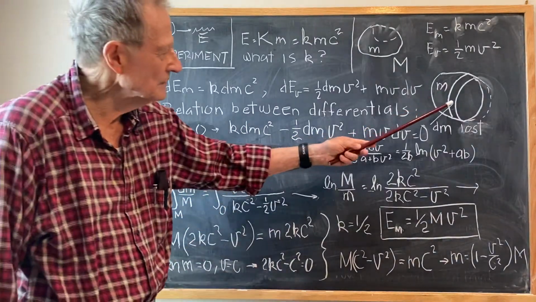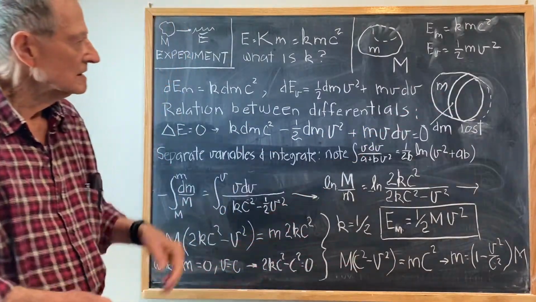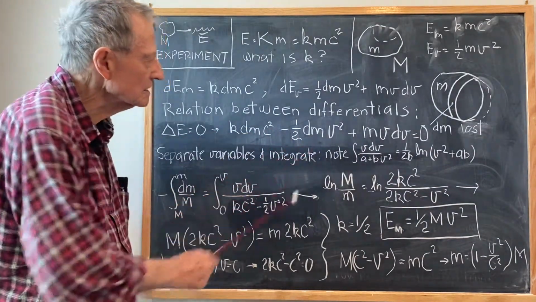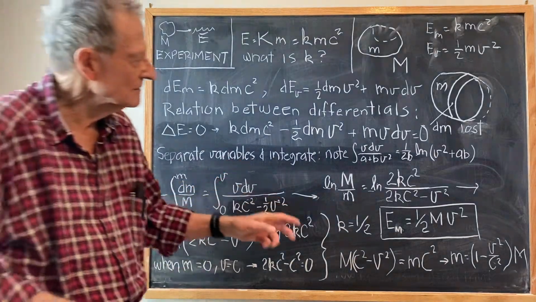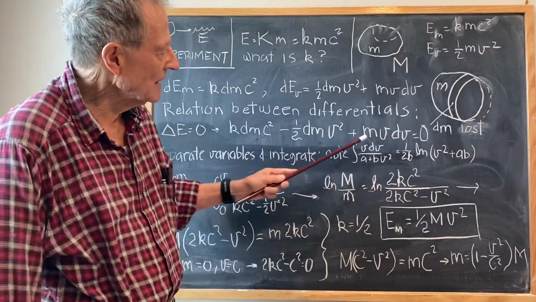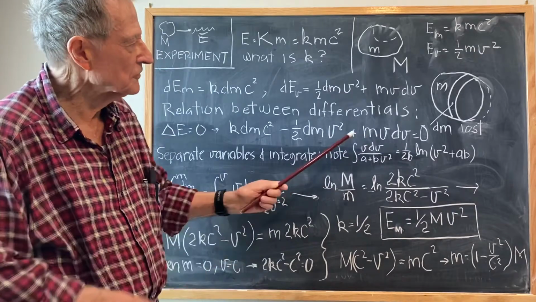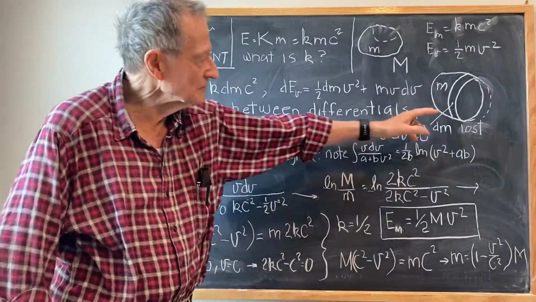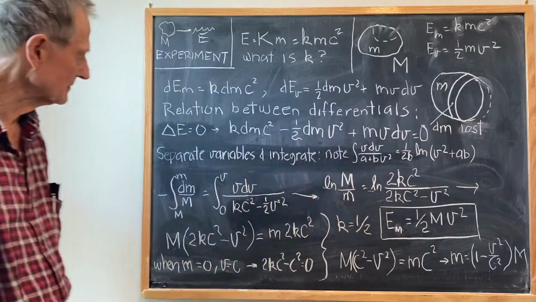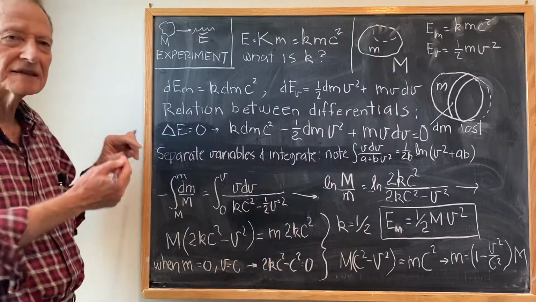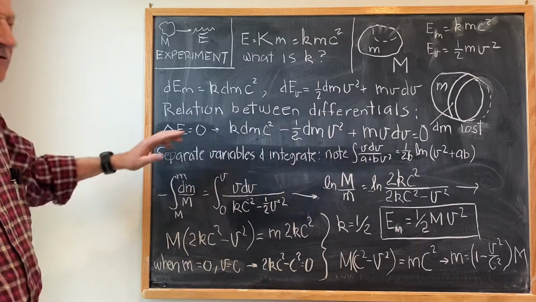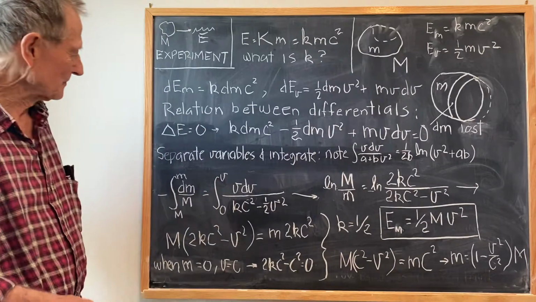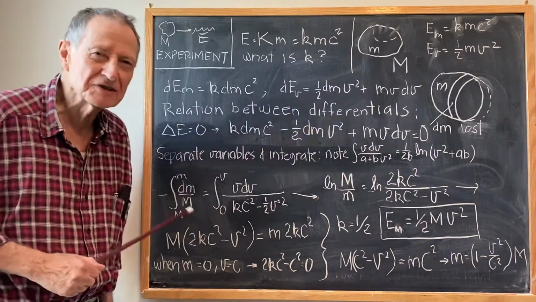At the same time, since it's lost, an amount of energy 1/2 dm v squared is lost, and in addition, there's the momentum term mv dv is increased by the energy that's released from the dissipation of dm. And that's basically it. After that, it's just elementary calculus. So I'm not going to go through the details.